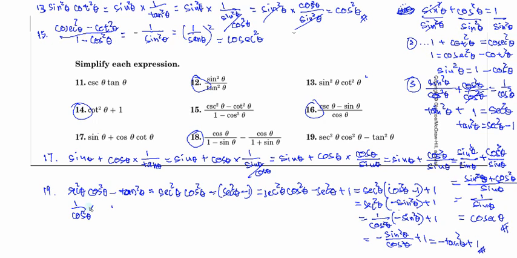Cosecant is 1 over cosine, times cosine square theta minus tangent square theta. This one cancels and becomes 1 minus tangent square theta. So this becomes minus tangent square theta plus 1.